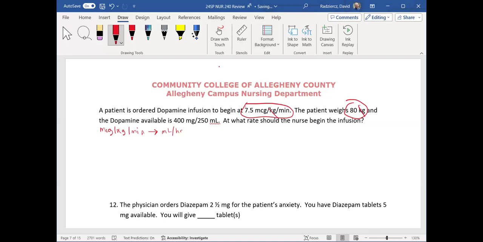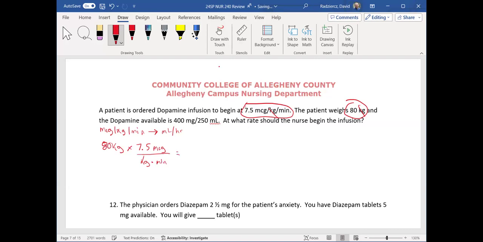So step one for me is I'm going to take the patient's weight times the order, which is the 7.5 micrograms per kilogram per minute.